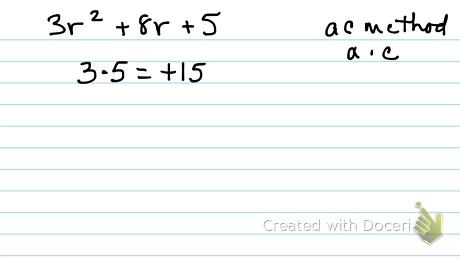Now, we're looking for the 2 factors of positive 15 that'll combine to make my B. What is B in this case? Positive 8. And this is why I skip a line. That's because I always rewrite my B so that I know exactly what it is I'm looking for and I know what sign. You don't have to, because it's right above there. You could underline it if you want to, or just look at it. It's fine. It depends on you.